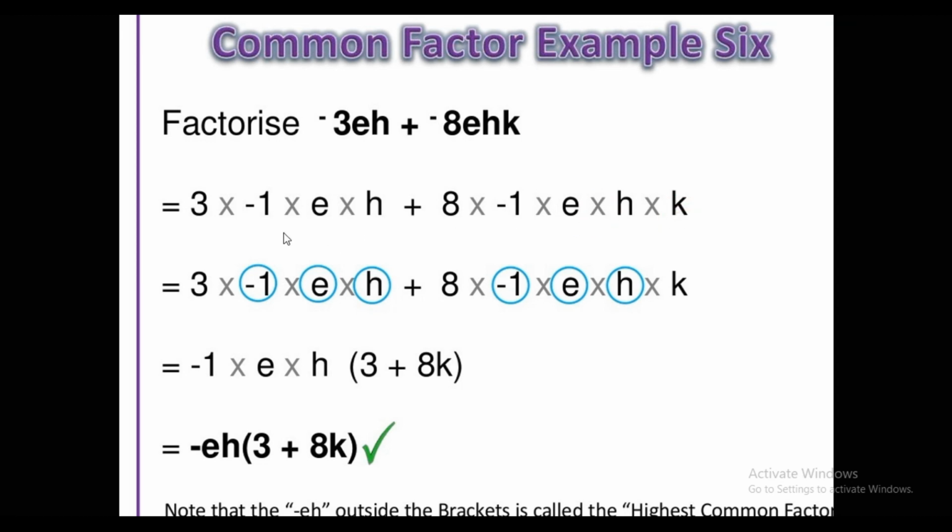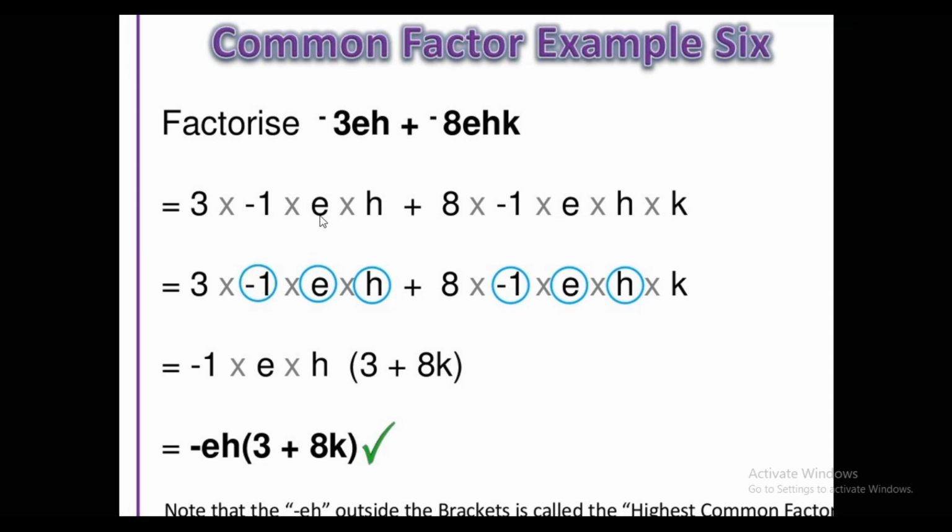Just try to find out what are the common terms. 3. Is there any common term in this part? No, there is no common part in this part. There is no 3 here, so 3 is not a common factor. After the minus 1, is there any minus 1 in this term? Yes, I find his twin brother. Minus 1 is here.